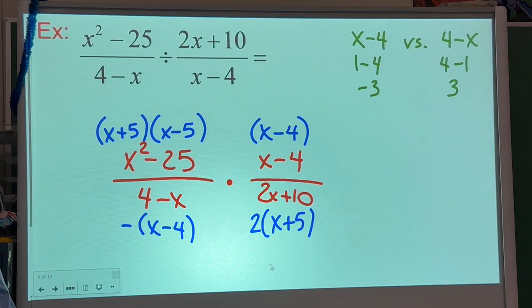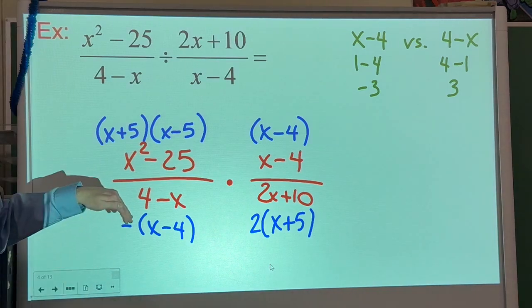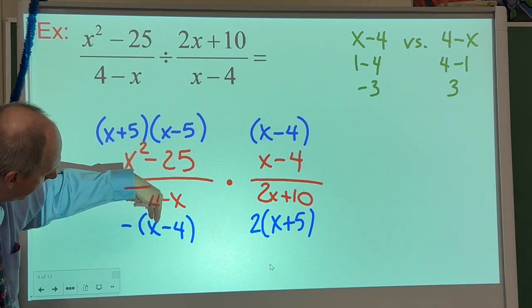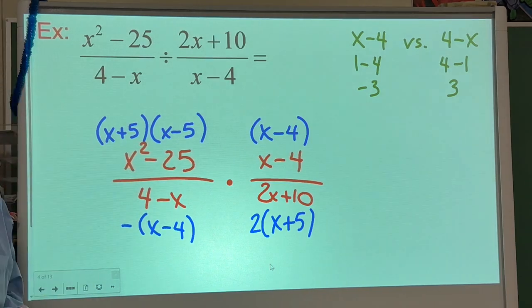You don't have to do that with addition, because addition, it doesn't matter. But subtraction, order does matter. This gives me a negative x, there it is, and then negative 4, 2 negatives would make a positive. So I didn't really change it, but I did factor out a negative 1.